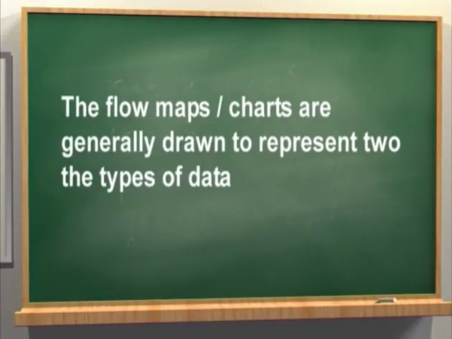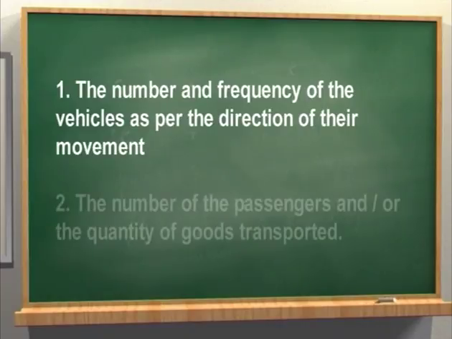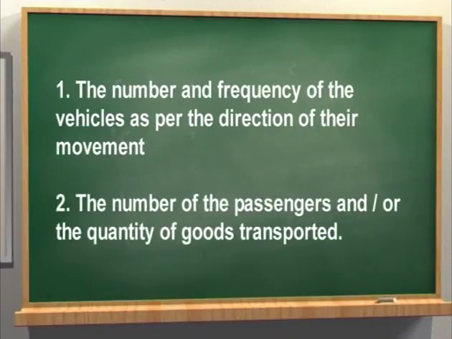The flow maps or charts are generally drawn to represent the types of data as given below. 1. The number and frequency of the vehicles as per the direction of their movement. 2. The number of the passengers or the quantity of goods transported. What are the requirements for the preparation of a flow map? 1.